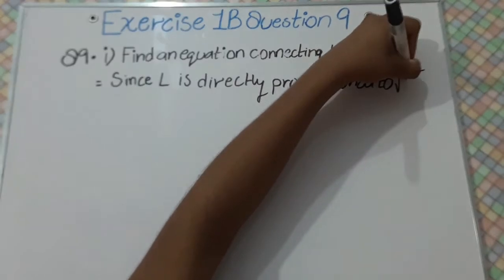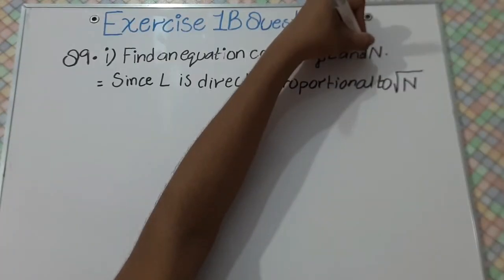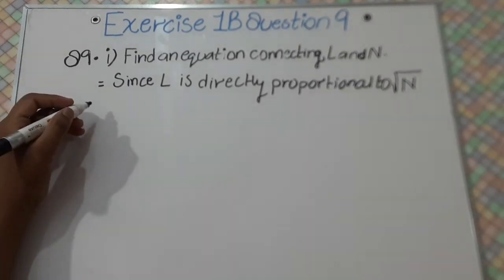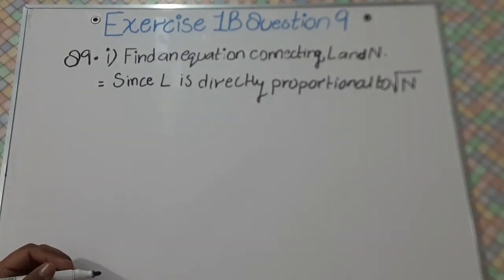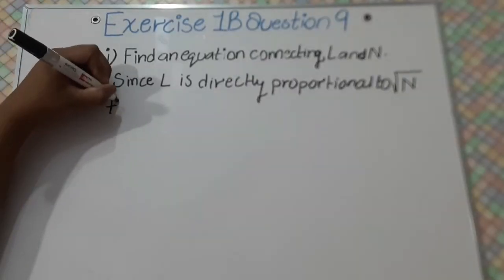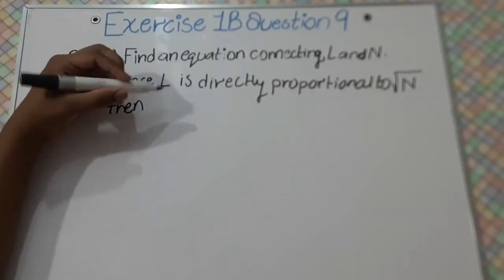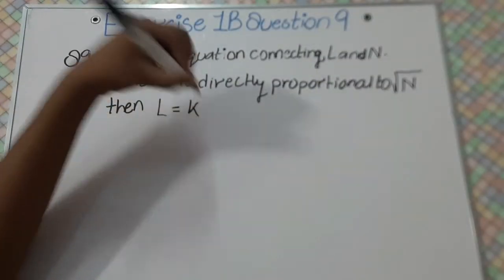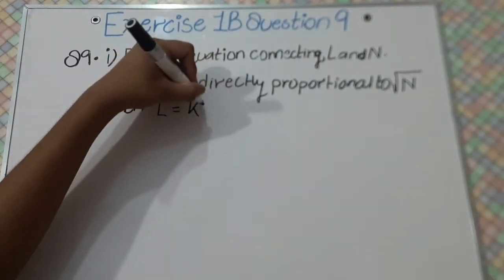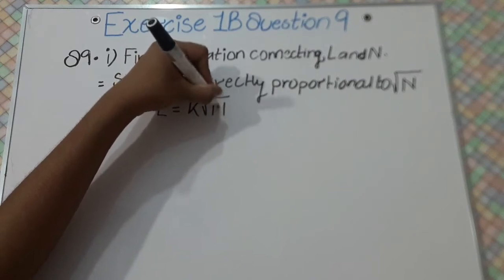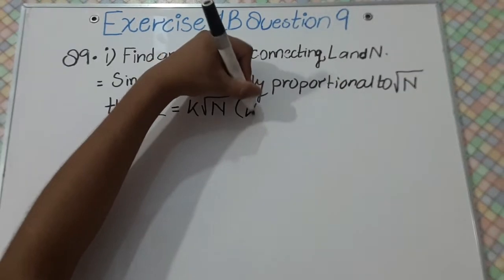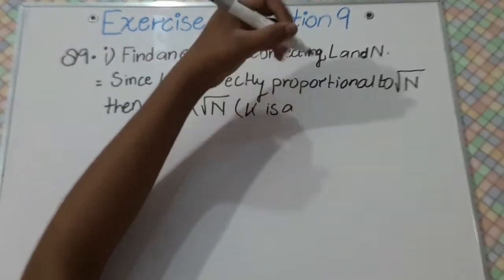So under root n, as the question is saying square root n. Since L is directly proportional to under root n, then L equals k under root n, which we always write in an equation. So this is our equation, and you all know that k is a constant.